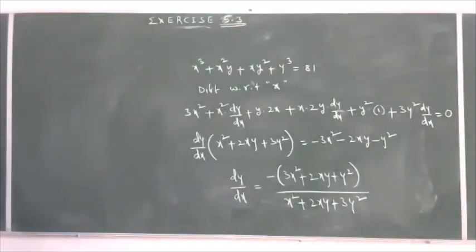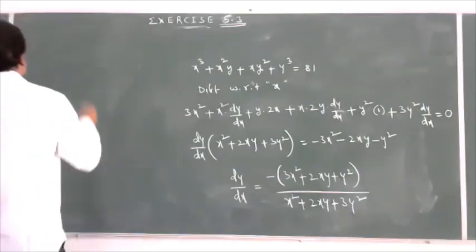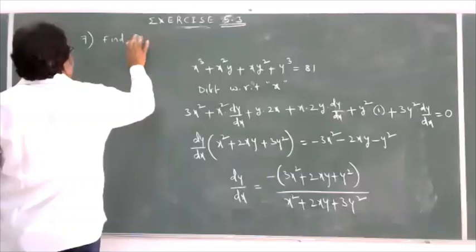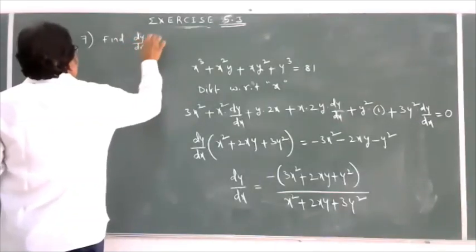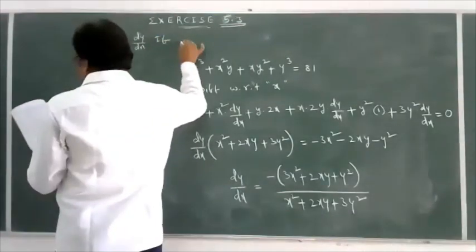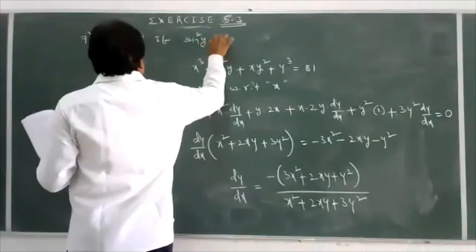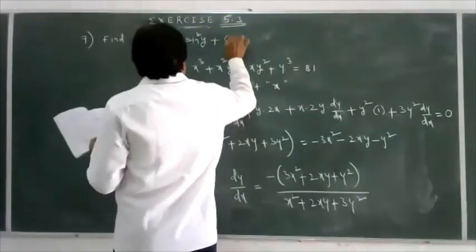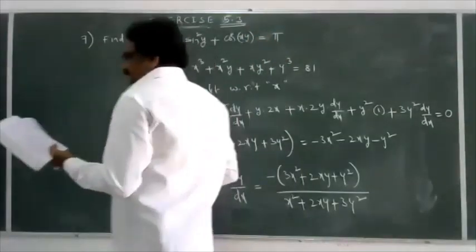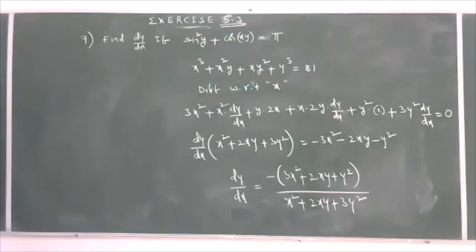Next we are going to the seventh problem, that is, find dy by dx if sin square y plus cos xy is equal to pi.